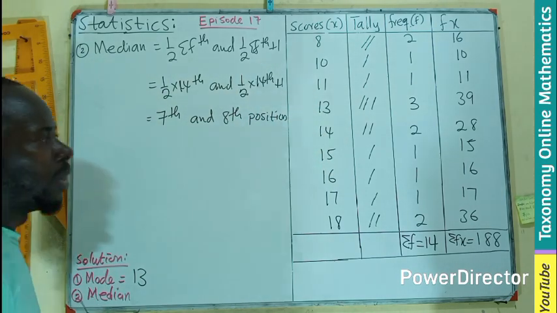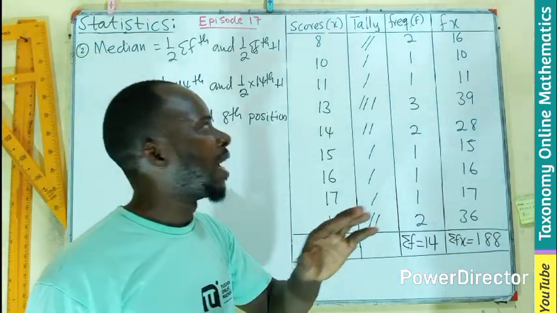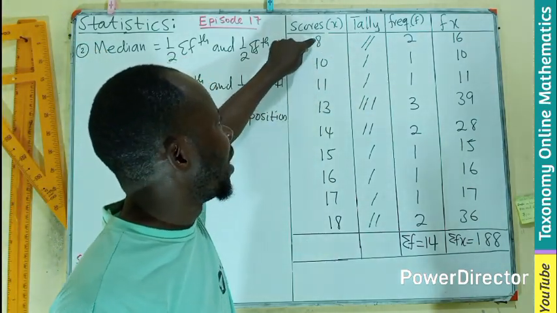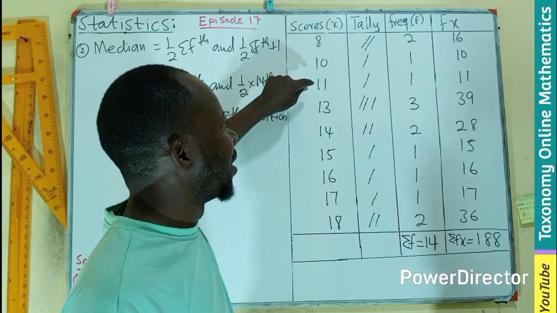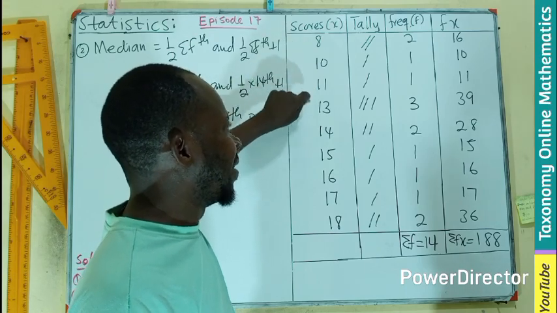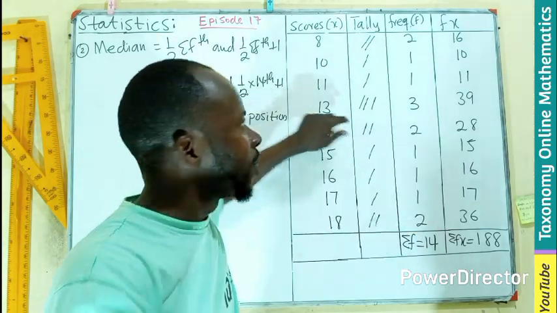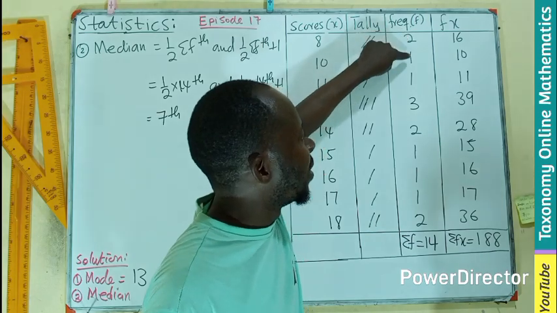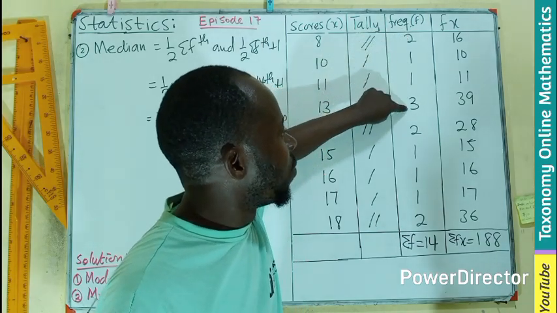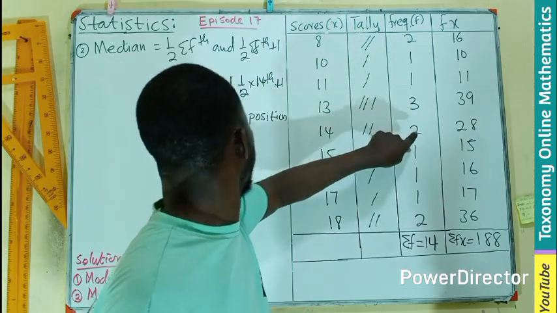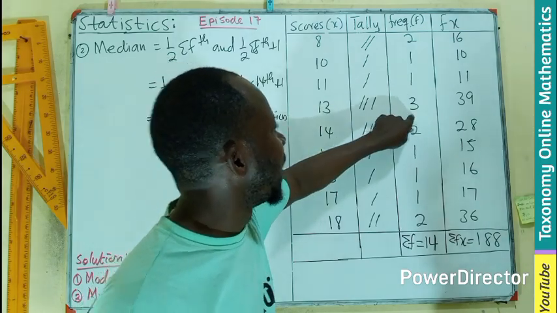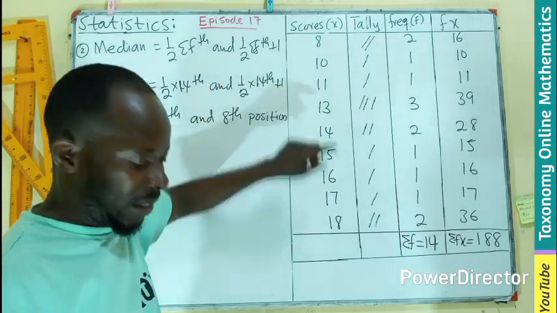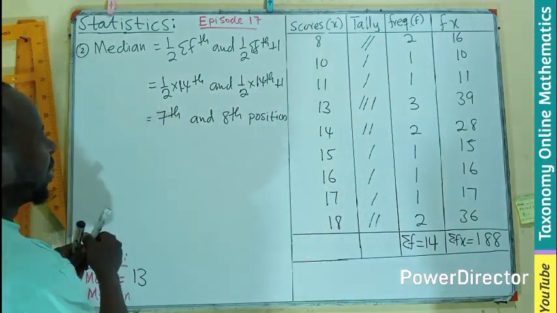When you arrange all these numbers in ascending order, you can see that this will be 8, 8, 10, 10, 10, 11, 13, 13, 13. As you are arranging it, you are counting. So this plus this, 3, 4. 4 plus this, 7. So the 7th position is going to be 13.